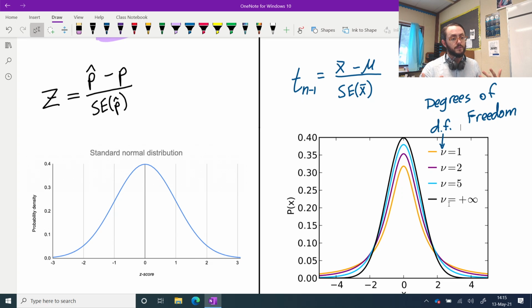But if it's not, okay, if your sample is smaller, like 1 degree of freedom, so that's a sample size of 2, or 2 degrees of freedom, which would be a sample size of 3, or 5 degrees of freedom, which would be a sample size of 6. Okay, they don't go as high in the middle because all of that extra space is in the tails.